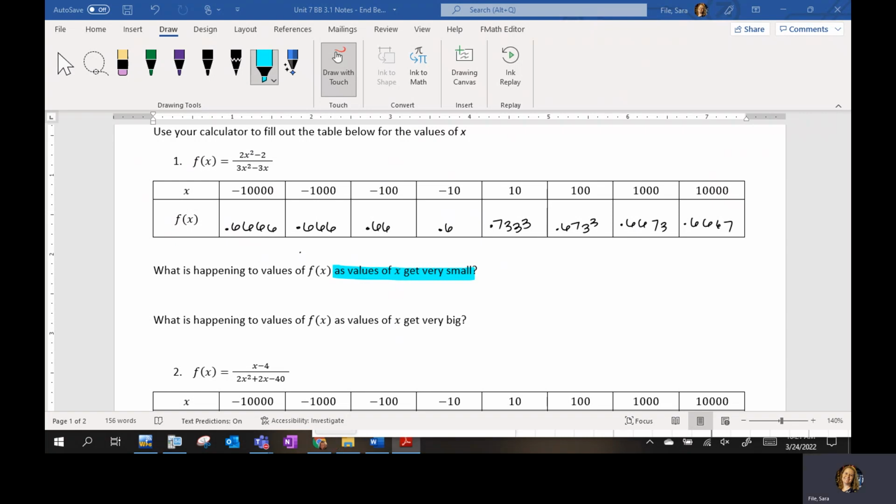The left, right? As x gets more negative and more negative. Okay, so as the values of x get very small, that's as we go this way, right? Okay, x is getting smaller.